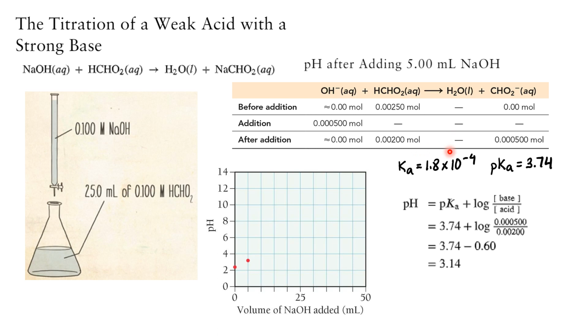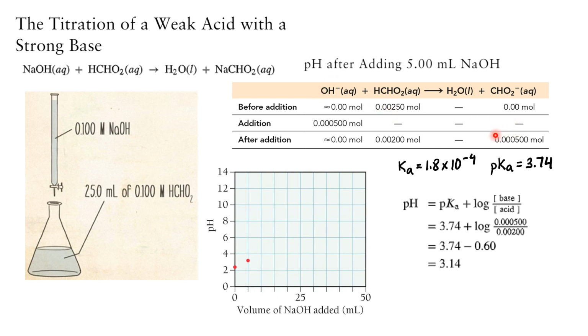As a consequence, you've turned some of the HCHO2, the weak acid, into conjugate base. How much? Well, if the acid ate up this amount of base, that means that amount converted to the weak conjugate base as a result of consuming the base.